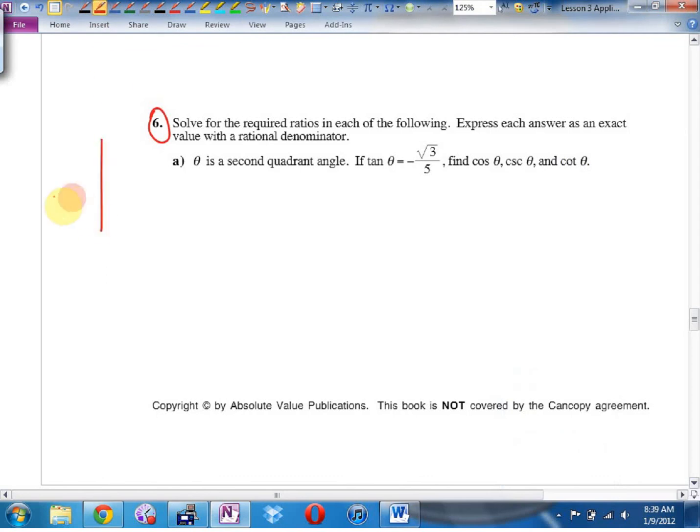What that tells me, Brett, is I'm here, and if I go C, A, S, T, it tells me sine and cosecant are positive, everything else is negative. And they told me that the tangent was equal to this. What they've really done is they've told me that y is equal to √3 and that x is equal to 5. Oh, except one of them has to be negative.